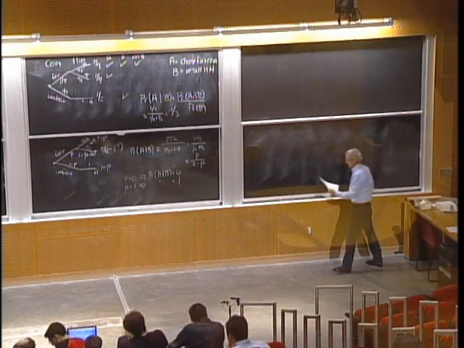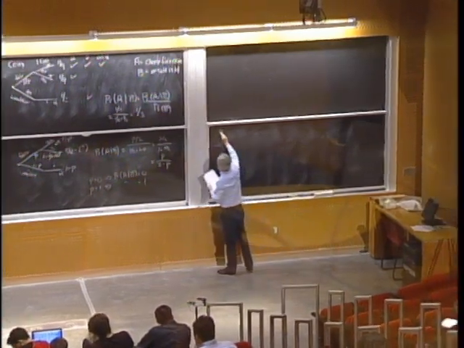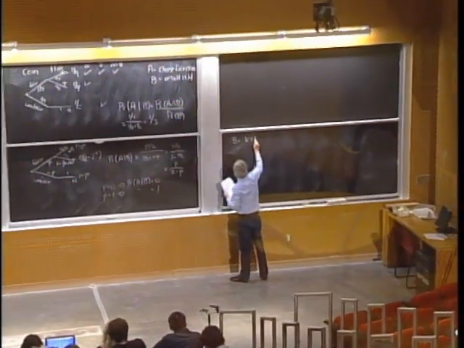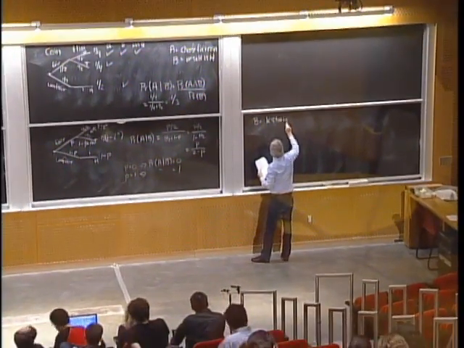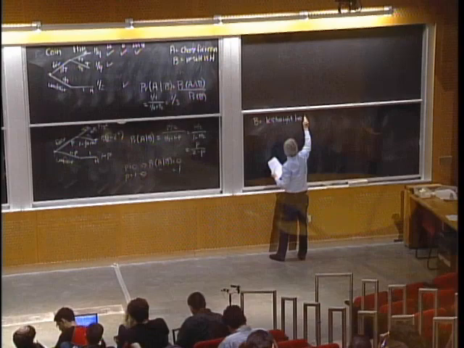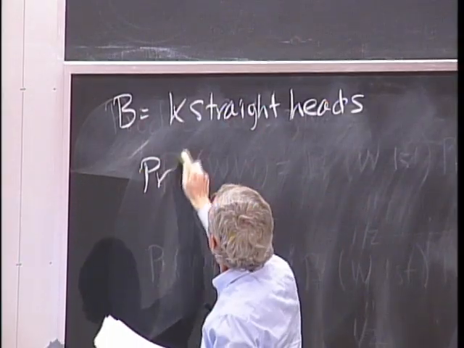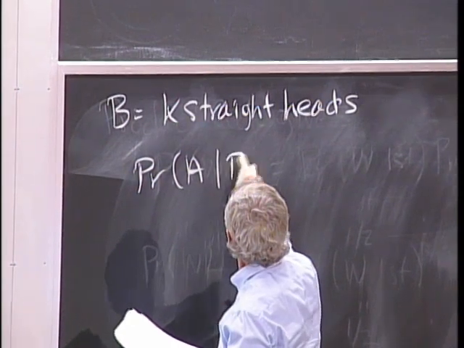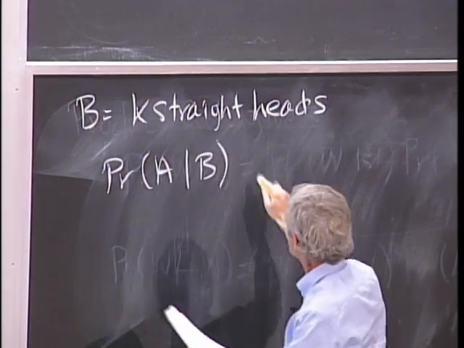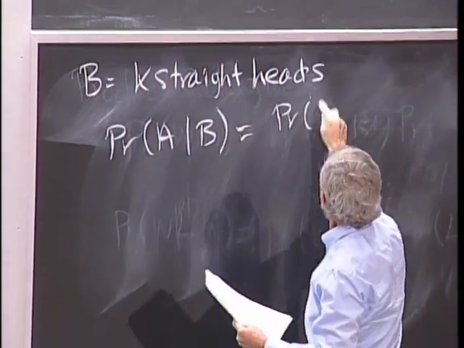Now we're looking at the event B that k straight heads come up. And I want to know the probability that I picked the fair coin given that it never comes up tails. Well, the math is the same.